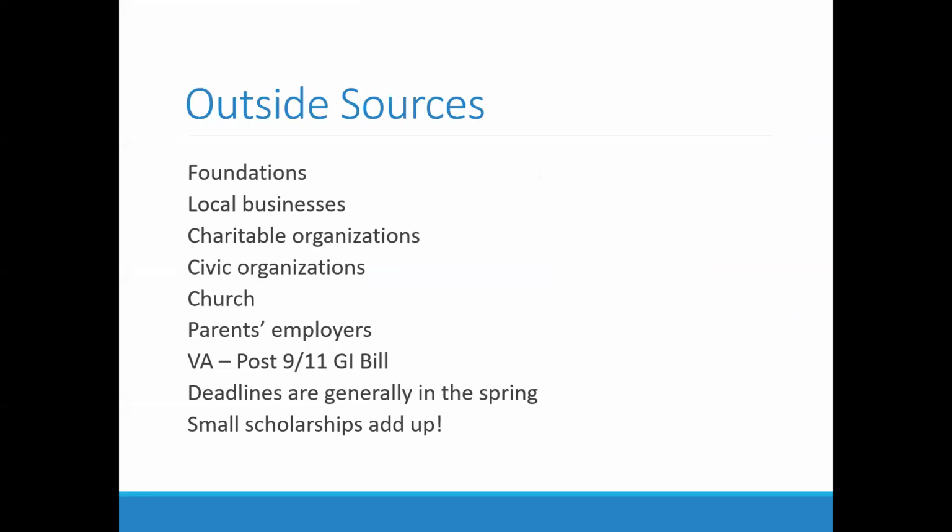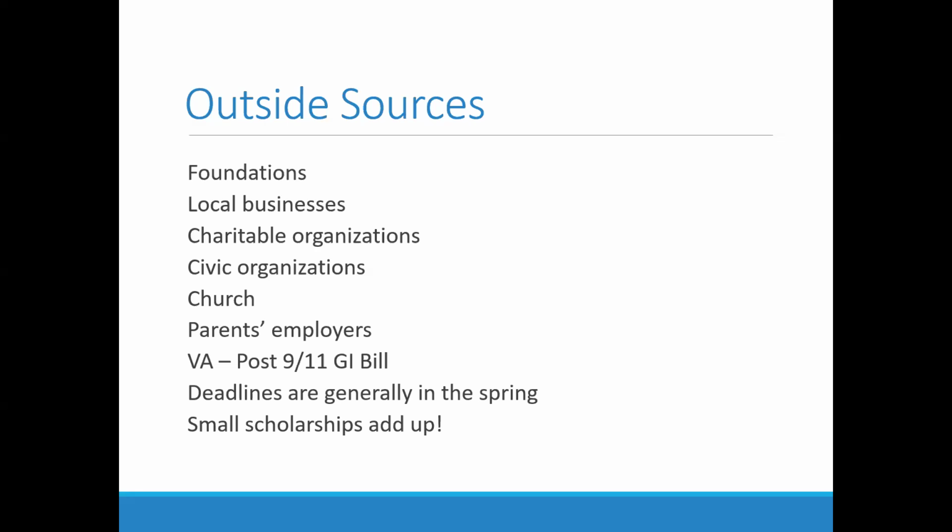So outside sources. So other places to look for student aid, especially scholarships, would be foundations, local businesses, charitable organizations, civic and church organizations that you're a part of. Look to employers. Your parents' employers might offer programs.